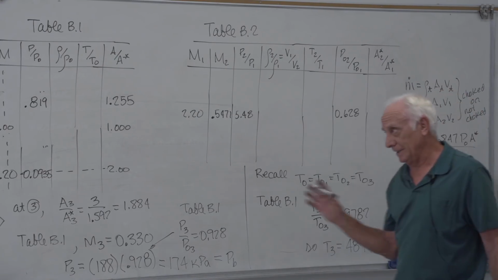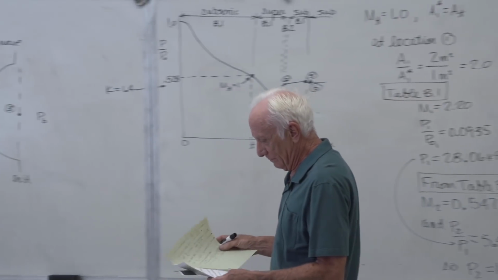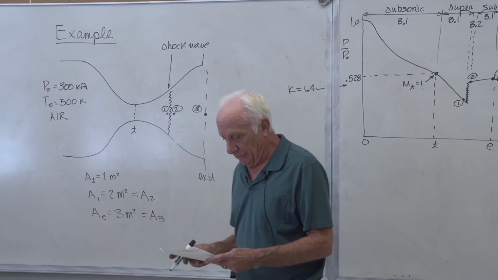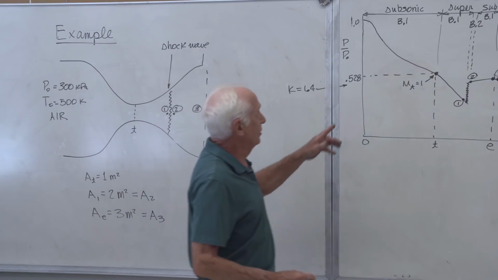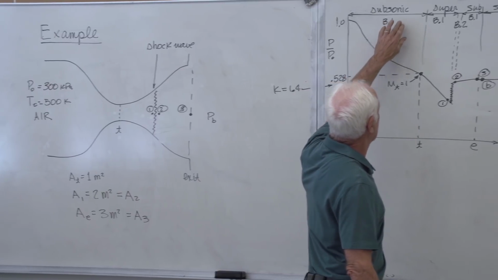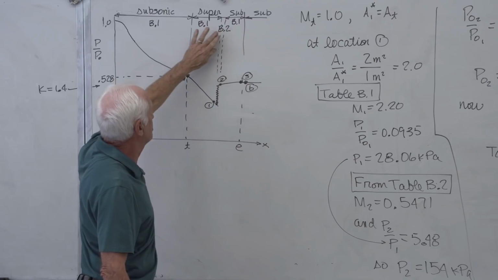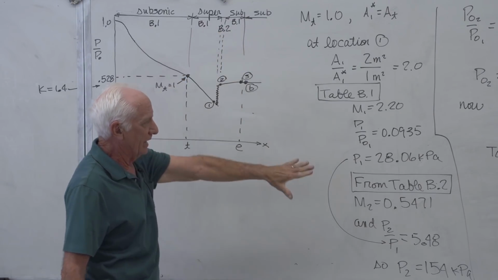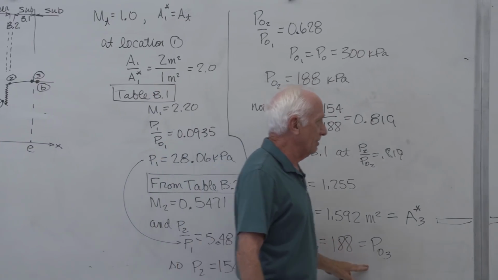So this is really a complete problem. These problems with shock waves in the diverging portion of the nozzle are really very complete that way. You go from table B1 subsonic to table B1 supersonic, back to table B1 subsonic, across the shock, table B2, everything. A star changes across the shock. P naught changes across the shock.